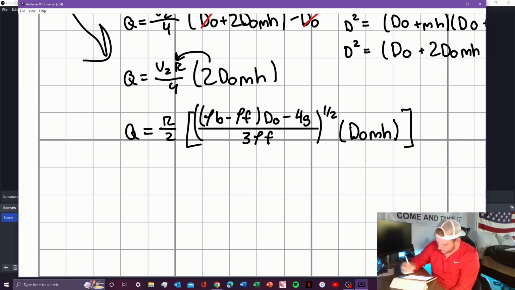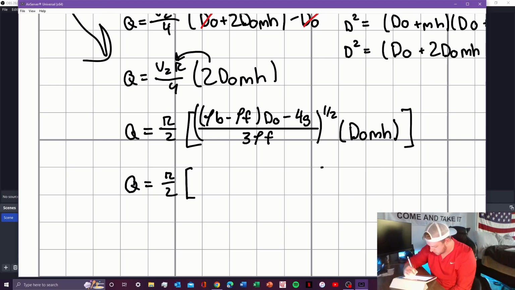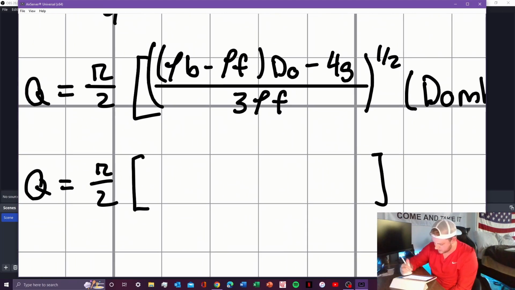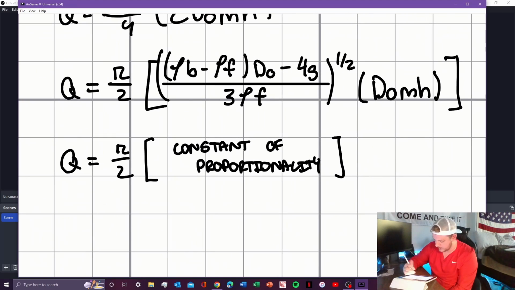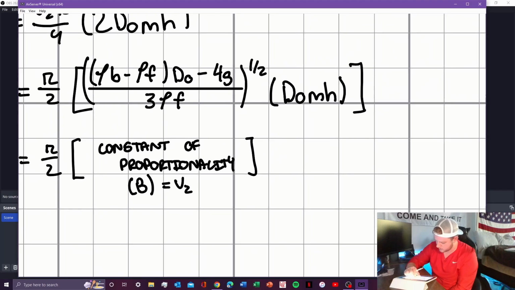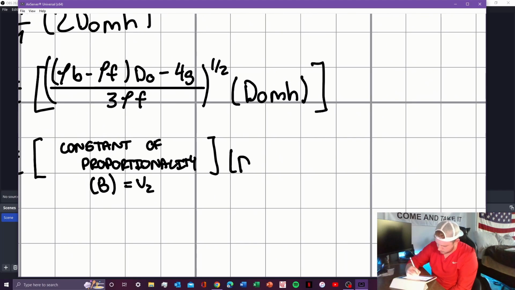Now, when it comes to rotometers, this V2 is considered the constant of proportionality, and is denoted by the letter B. And then we finish out here with D naught mh.